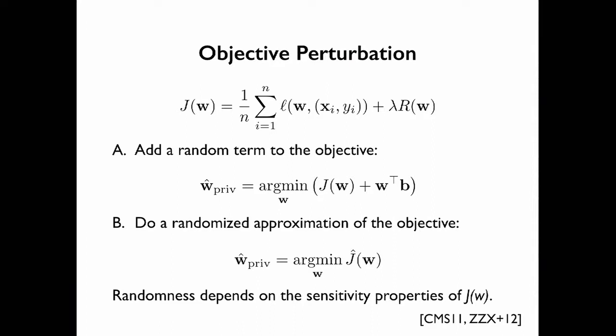Here I'm adding a random linear term, and say minimize this new objective, which is a tweaked version of the old objective. And the other would be to use some randomized approximation, like in a functional approximation kind of idea, to approximate the objective function and then minimize this approximate objective function. And again, to analyze these things, we have to understand the analytical properties of this objective function.